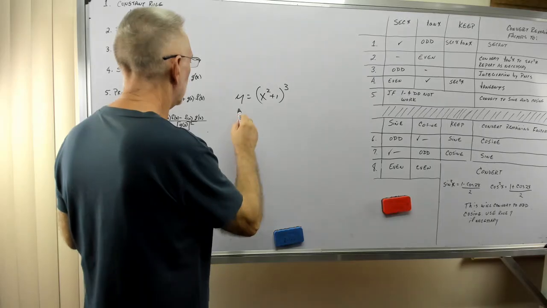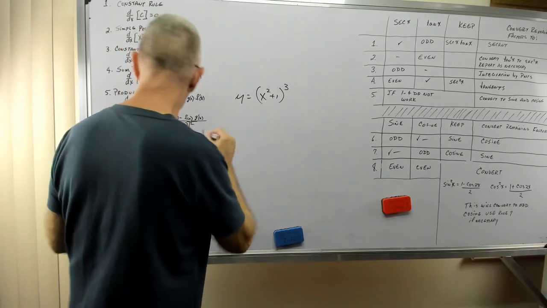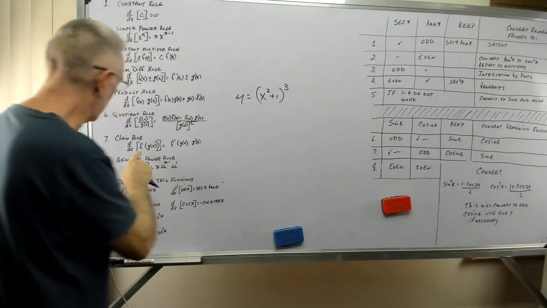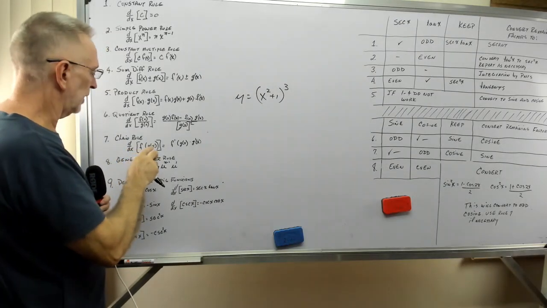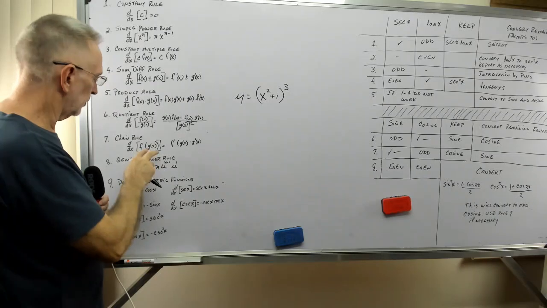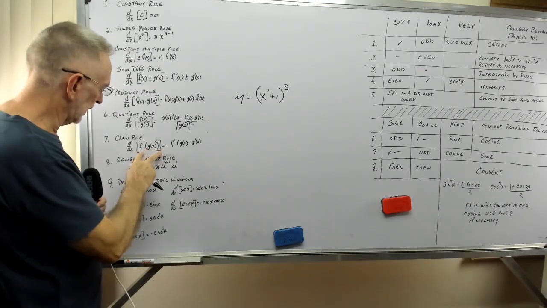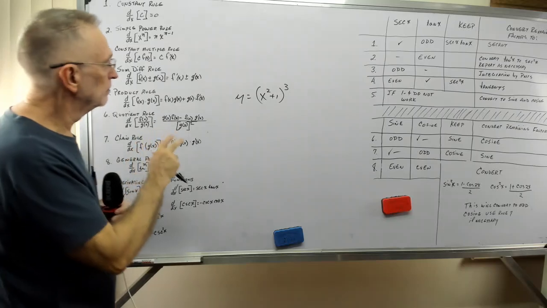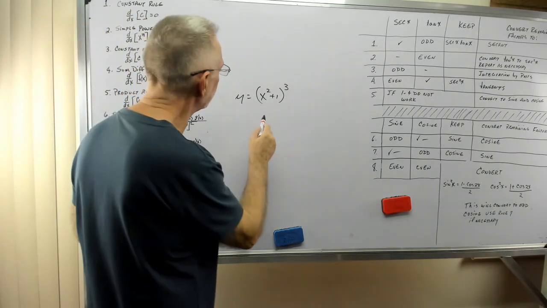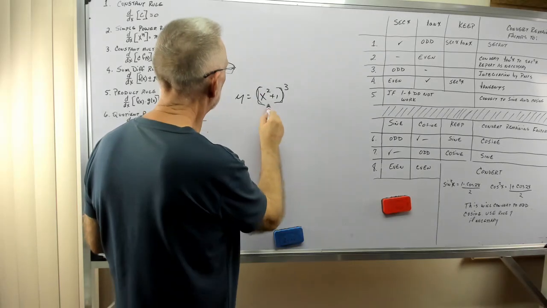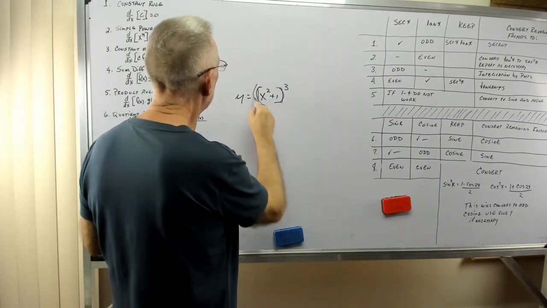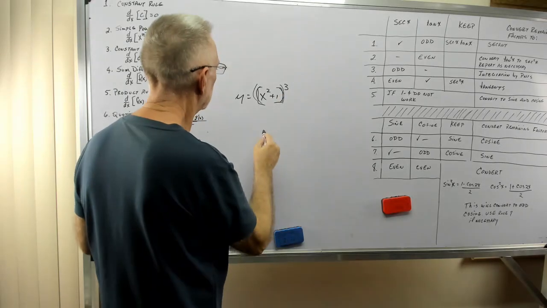Now, the chain rule says if I'm trying to take the derivative of f of g of x, there's an inside function and an outside function. Okay, so what's my inside function? Well, it's this x squared plus 1. What's my outside? Well, I'm cubing that.